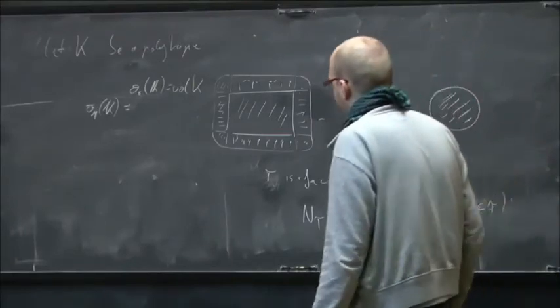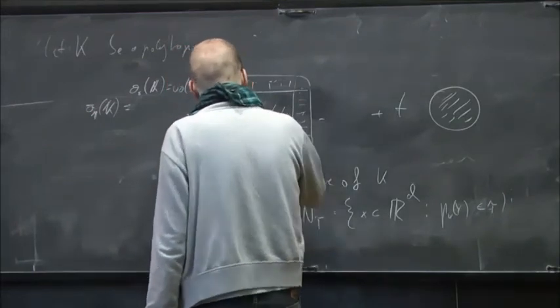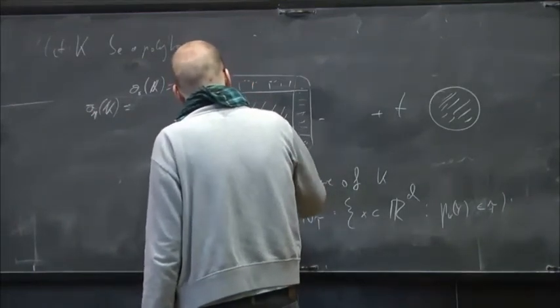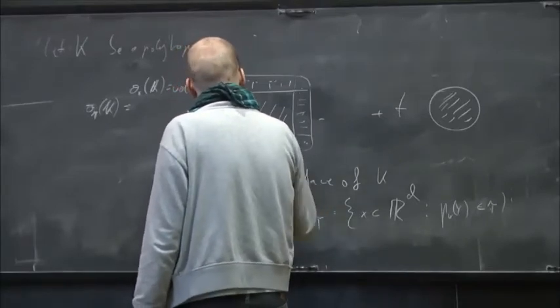This I could call the normal cone. So if this is my face A, then n of A would be this thing here.